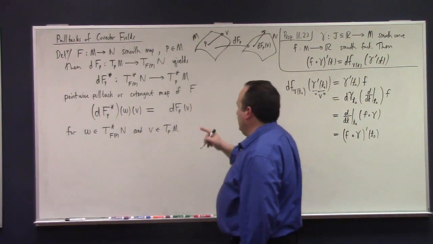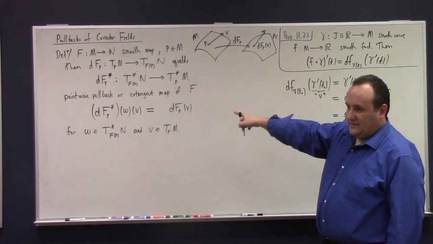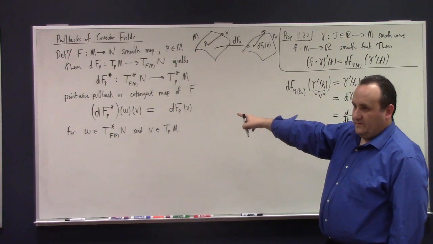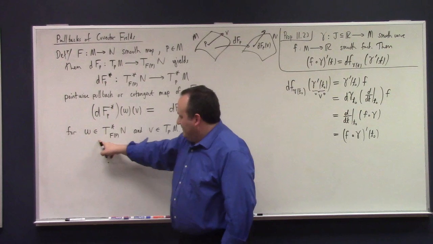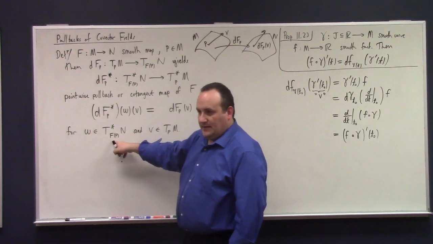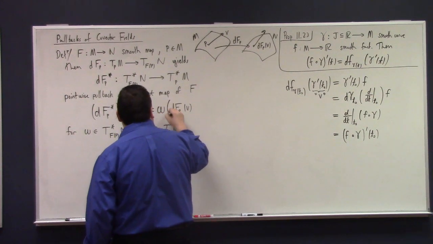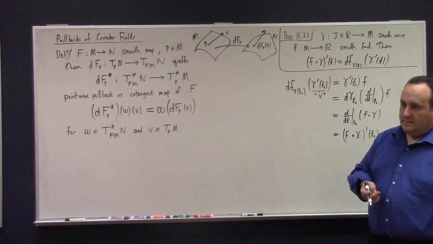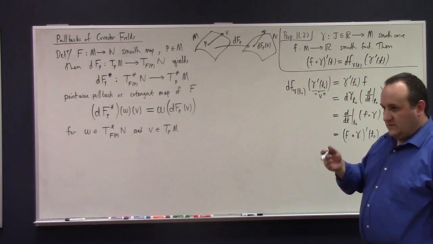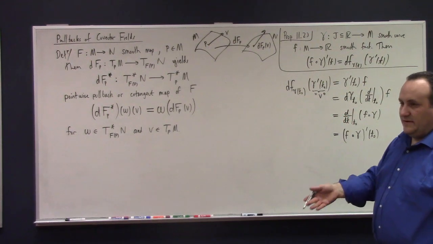Now that is a tangent vector to N at f(p), which is exactly what this thing eats for breakfast. This eats tangent vectors based at f(p) at N. So I must put the omega out here. That's it. That's the definition of the pullback. It is inescapable. If you just think about the logic of the way the symbols have to be combined, it's what you have to write.